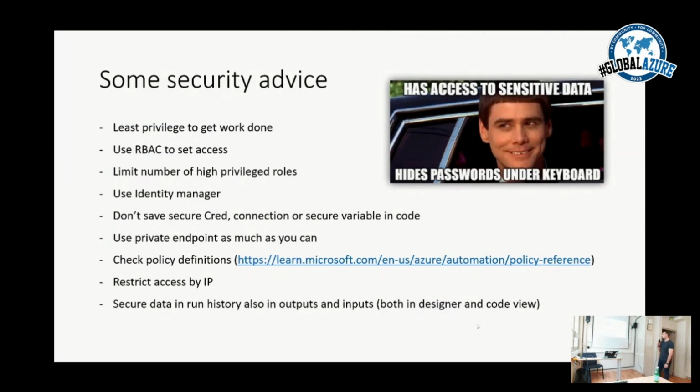And in the end, secure data in history. For Logic apps, I've seen a lot of people who forgot this part. As soon as you go back to history and check the flow, you can easily read the credentials. So please make sure. And you can also check the Microsoft documentation on how to secure that part.